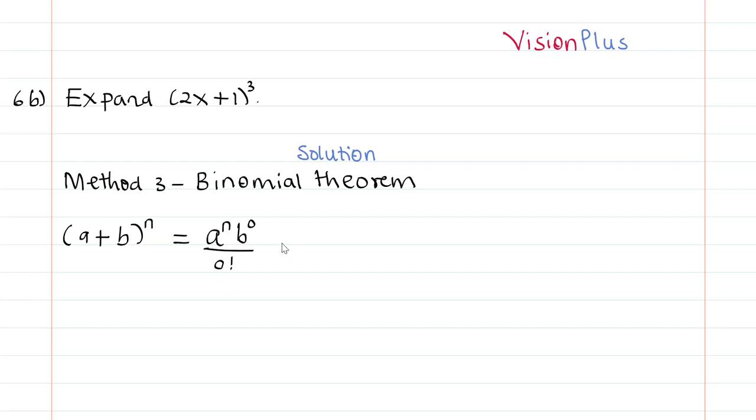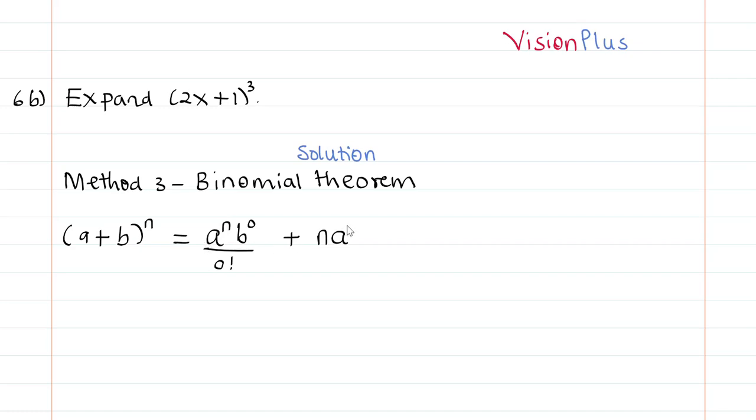And then how do we get the second term? So we say plus. Now the second term, we drop the power of a, which is n. Drop it here. So we shall have n and then a.